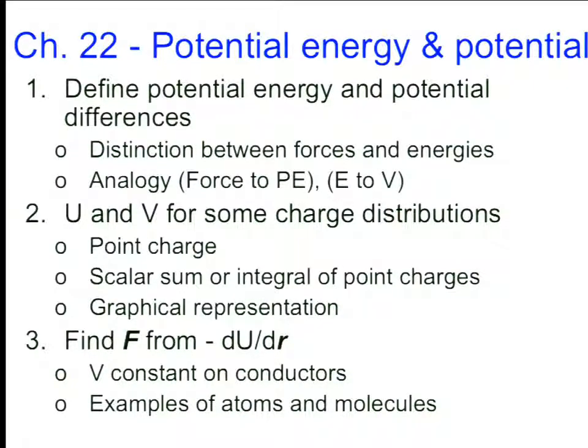I wanted to do one problem to illustrate how you get the potential energy and how it might be useful. This problem will serve a couple of purposes. What I'm going to do is set up a problem like this. This is not in the notes or in the book either, but I think it's an instructive problem for where we are.